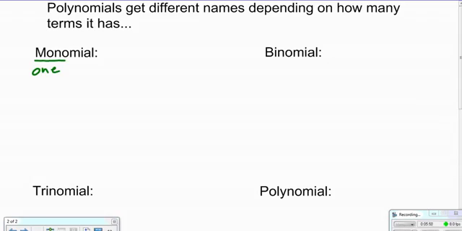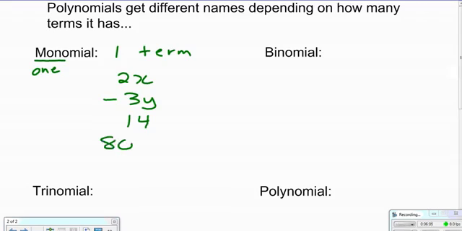So monomial means there is 1 term. So some examples of monomials could be 2x, negative 3y, 14, 8,000, 22x. Anything like that, these are all monomials because there's only 1 term.